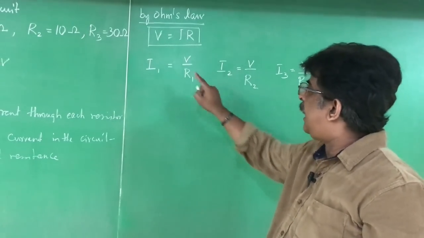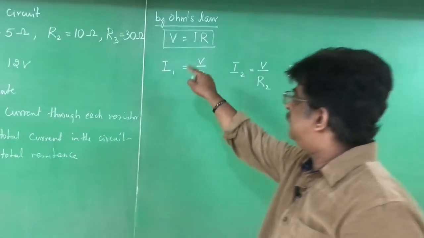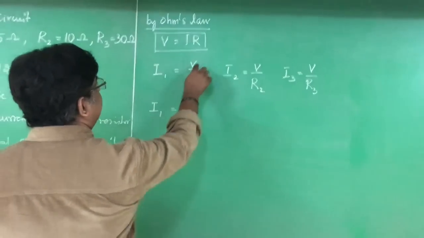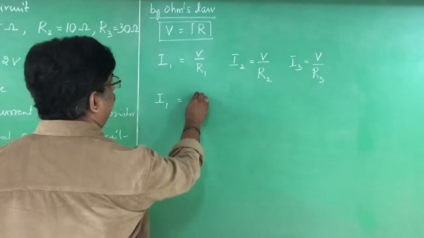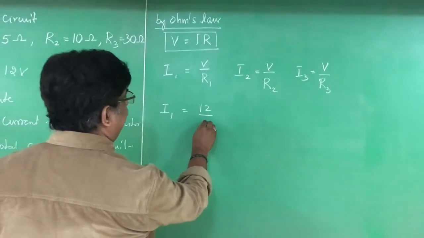I1 is equal to V by R1, I2 is equal to V by R2, I3 is equal to V by R3. Now I come back and calculate I1. What is V? V is 12 volt. What is R1? See the diagram. R1 is 5.